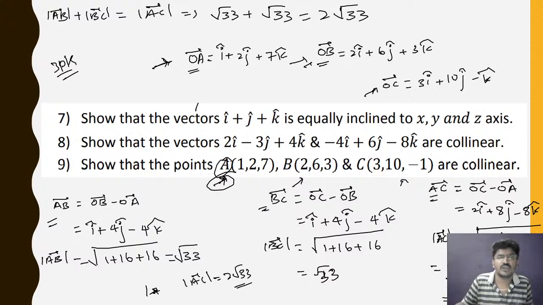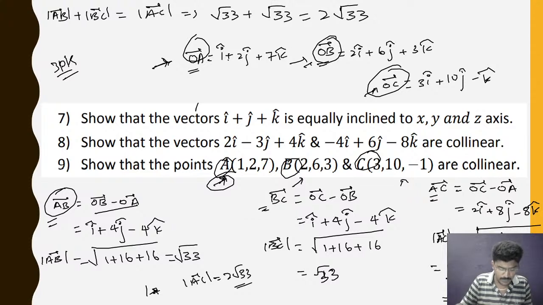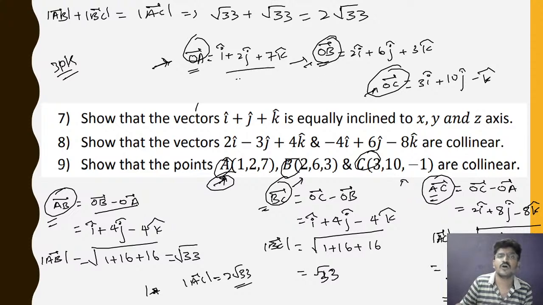From the first one, you write OA. From the second one, you write OB. From the third one, you write OC. AB, use this formula OB minus OA. BC, again use this formula OC minus OB. AC, OC minus OA. Already you have three vectors here. Simplify it, you will get the answer.